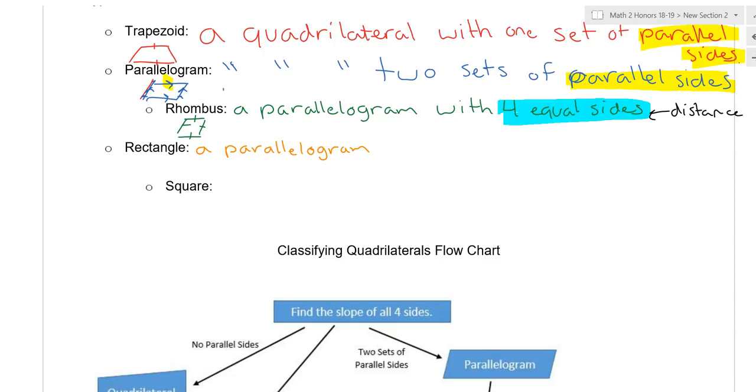So we say it's perpendicular, adjacent sides.